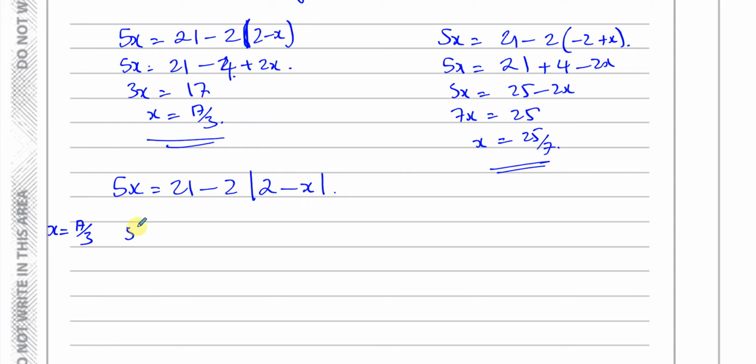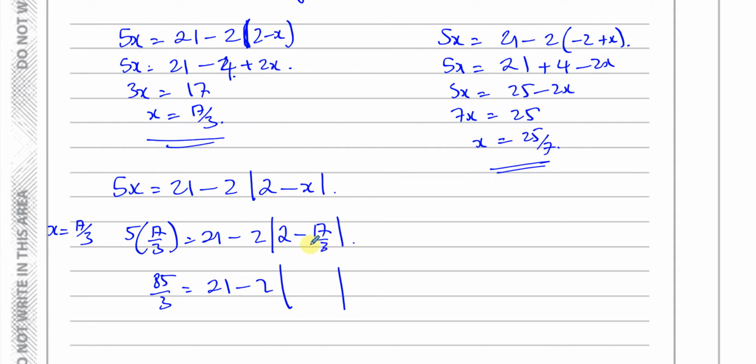You're going to have 5 times 17 over 3 equals 21 minus 2 times the modulus of 2 minus 17 over 3. So that's going to give you 85 over 3 equals 21 minus 2 times the modulus of 6 over 3 minus 17 over 3, which is minus 11 over 3.